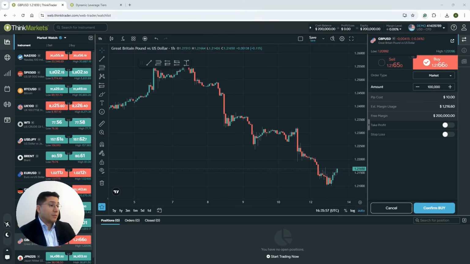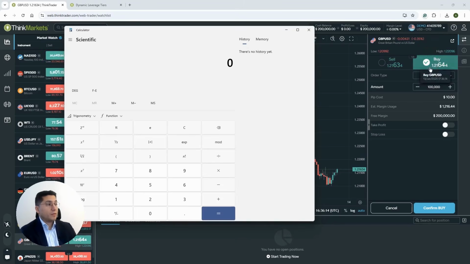So here, for example, we're looking at GBP USD, and I would like to open a 100k position. With this account, by the way, which has leverage of 100x, we need to multiply the exchange rate with the unit size. So that will be 100,000 units multiplied by 1.2162.